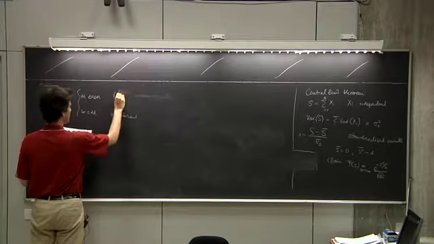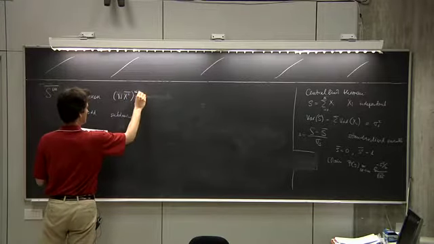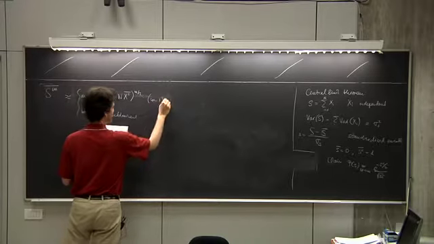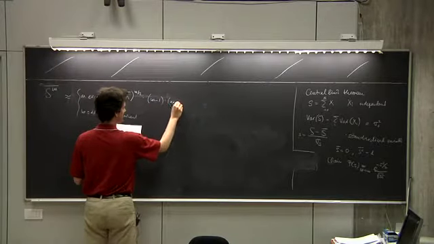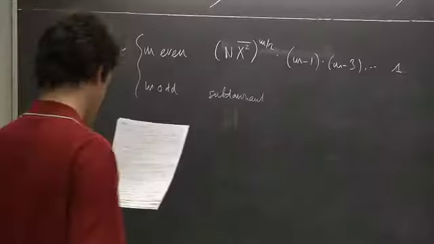And for m even, we found something like this times m minus 1 times m minus 3, etc., times 1.